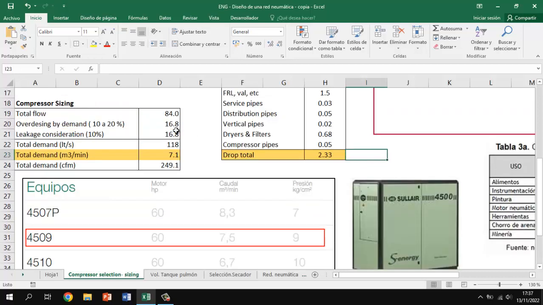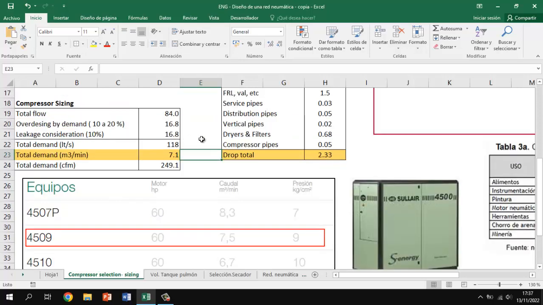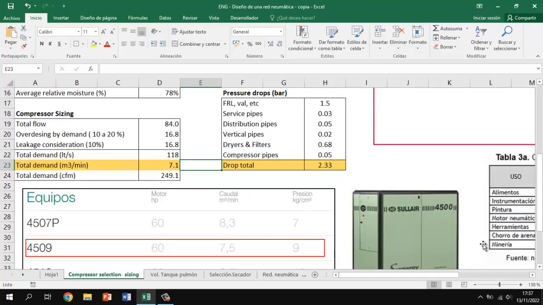So if I consider more demand and the total is maybe 8, so I go with this. But in this case, no, it's a different situation. We need 7.1, so this is 7.5. It's okay, we should select it. So that's how you are gonna select the air compressor.